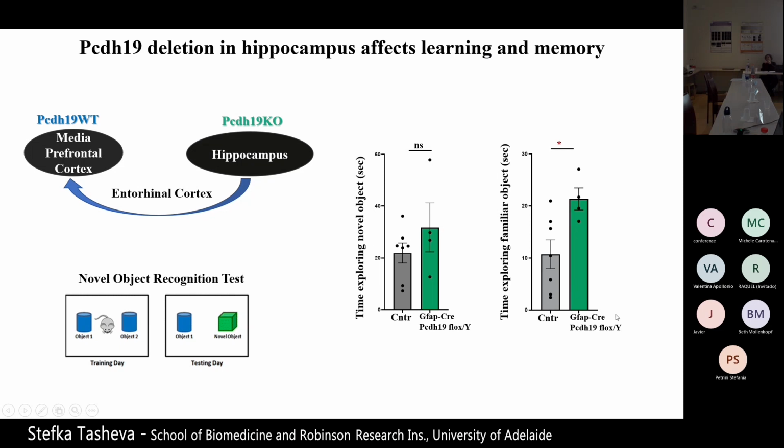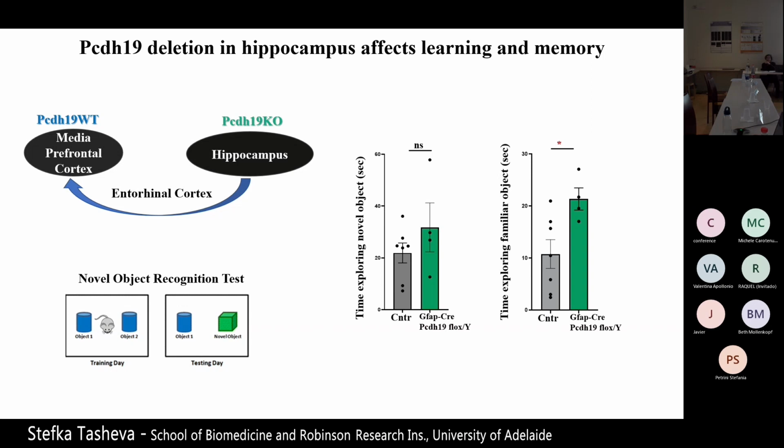However, these differences haven't been seen in our experimental mouse model, which suggests that memory formation in this particular mouse strain is affected. So silencing PCDH19 in the hippocampus could affect learning and memory formation.